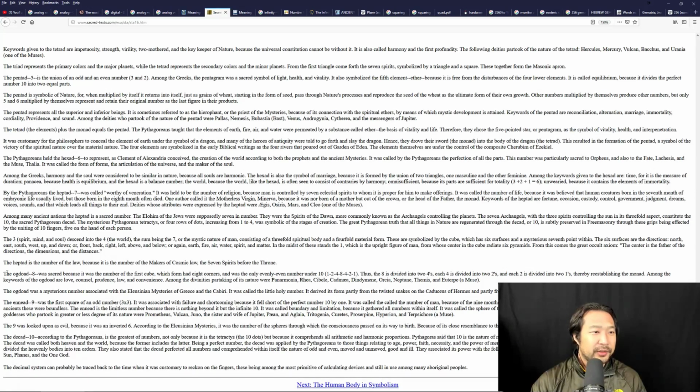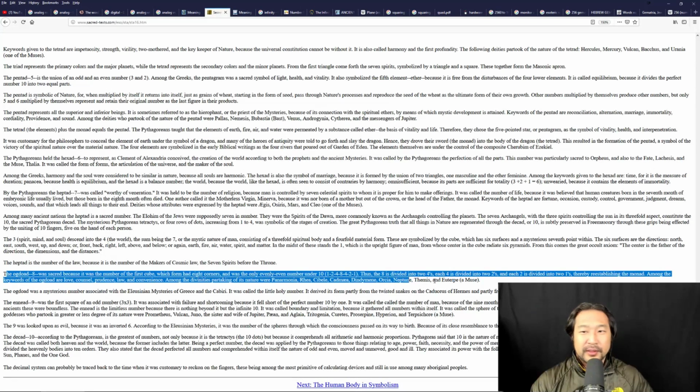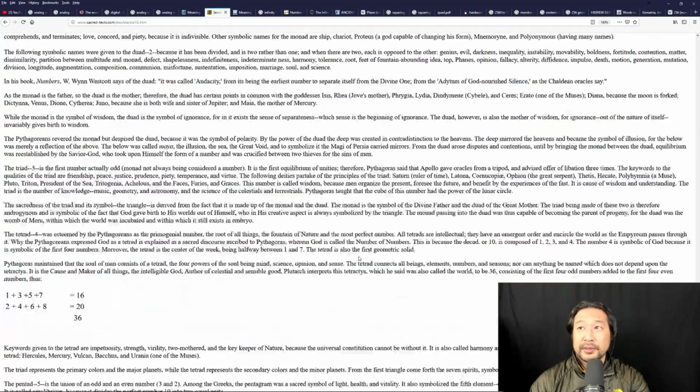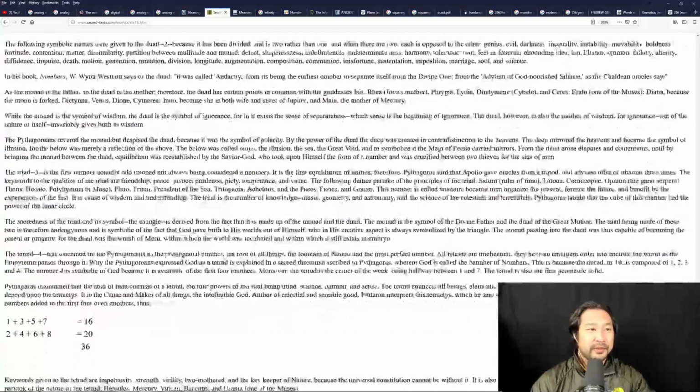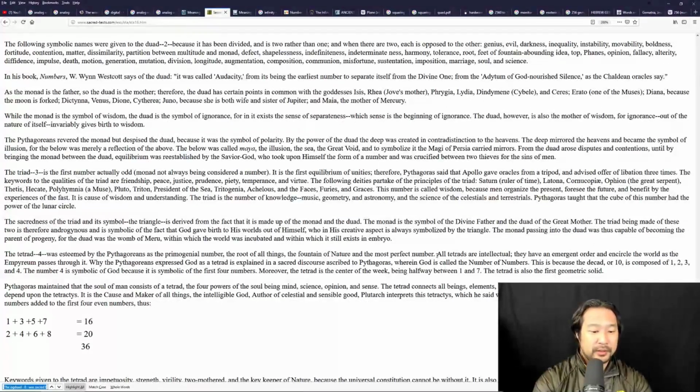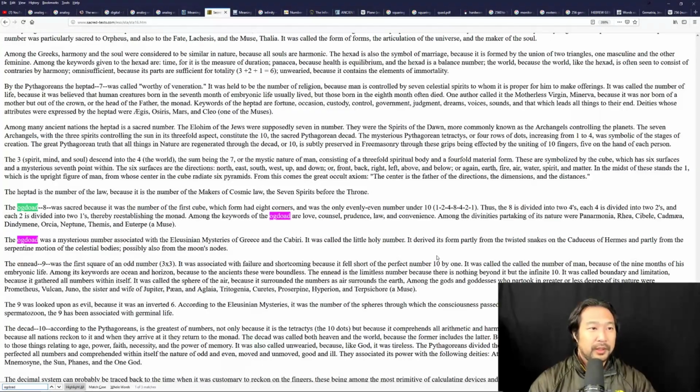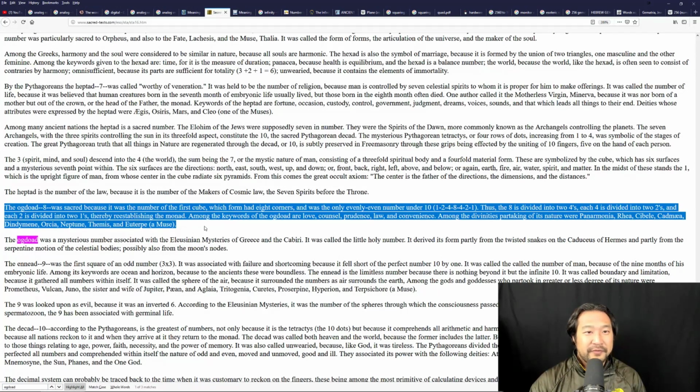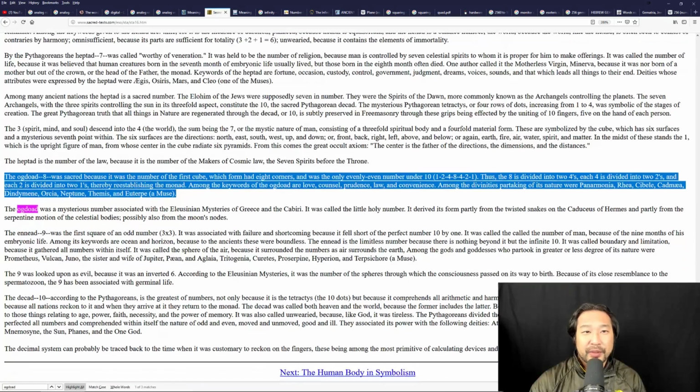So the Ogdoad, the 8, was sacred, and let me go ahead and increase this more than 150. Let's do Ogdoad. The Ogdoad 8 was sacred because it was the number of the first cube, which had 8 corners, which is interesting when you think about the cube.